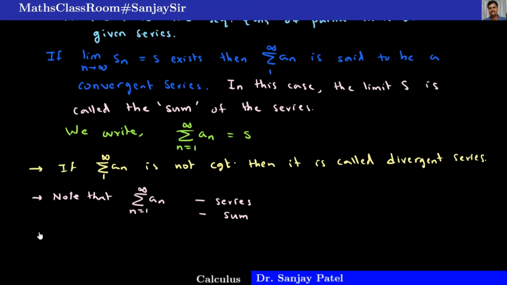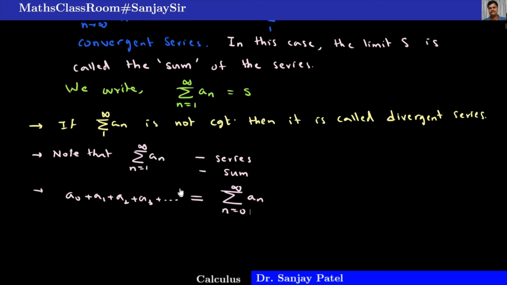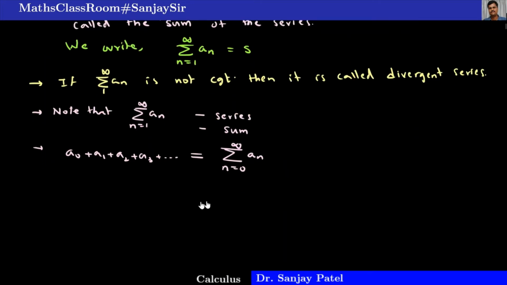Secondly, we can also have series in this form, say a0. If we start with the first subscript as 0, we can write a0 plus a1 plus a2 and so on. So in this case, we'll denote the series by the notation n is equal to 0 to infinity an. And for both the notations, we can also use a compact symbol for the series.